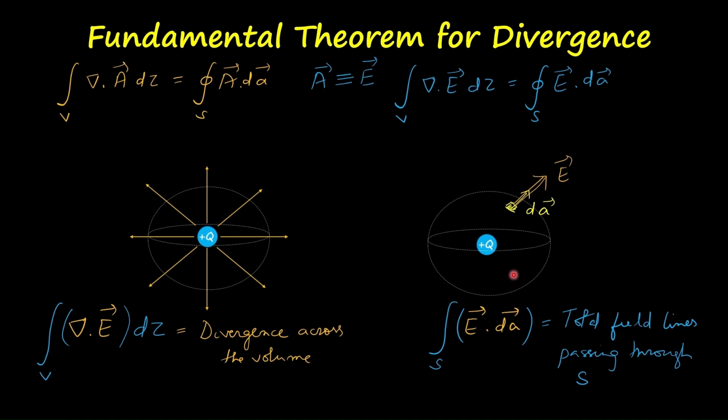And here we are calculating the number of field lines passing through the surface. So both the integrations carry the same information. That is why these two expressions are equivalent, and that is what the fundamental theorem of divergence is.